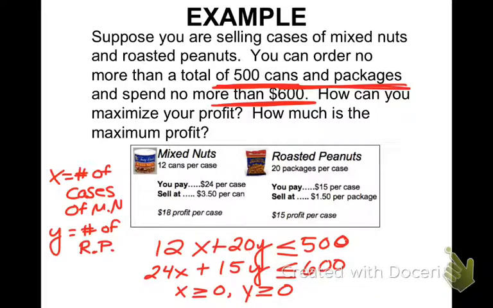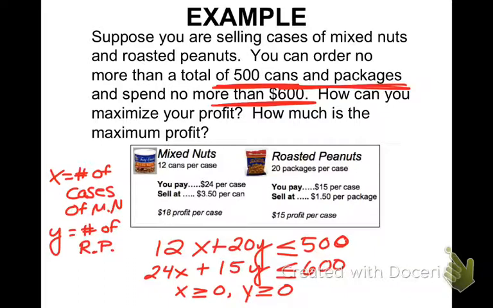Okay. So now let's quickly talk about this profit, make sure these are correct. So if you pay $24 per case and you sell at $3.50 per can, where's my calculator? Did you get 18? 3.50 times 12 minus 24 is 18, so that one's right.